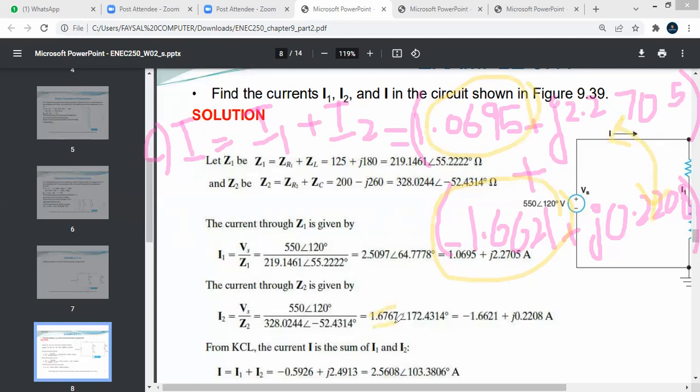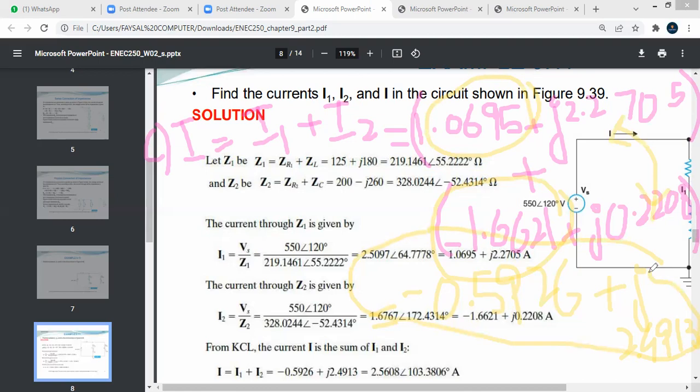So 1.0695 minus 1.6621, my answer is minus 0.5926, plus j value 2.2705 plus 0.2208, and from the calculator this value is 2.4913.